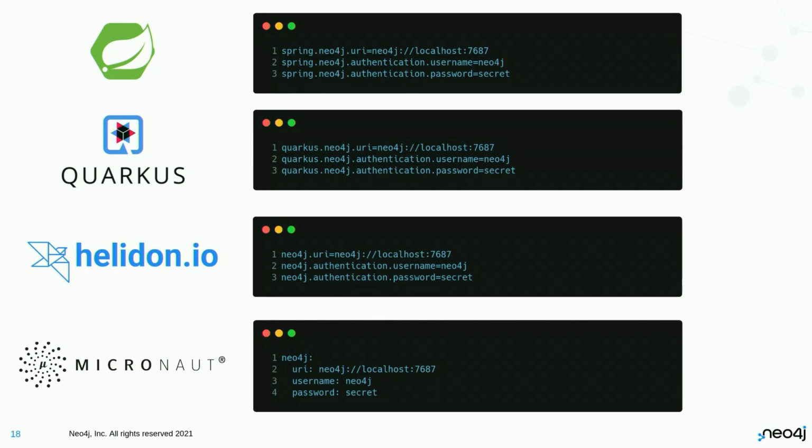But all of those four frameworks now have in common that you just throw in the Java driver dependency. I don't know yet, I think for Helidon and Micronaut, you have to enable an additional dependency just to get this configuration started. In Spring Boot, this will get auto-configured. So if you have a Spring Boot application, you just throw in a Java driver without any version, because the version is, as it used to be in Spring Boot, managed for you by the current Spring Boot version that you are working with.